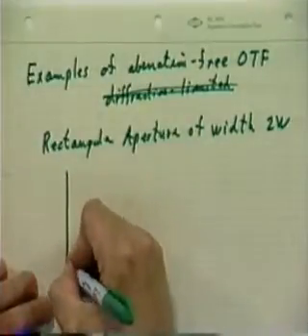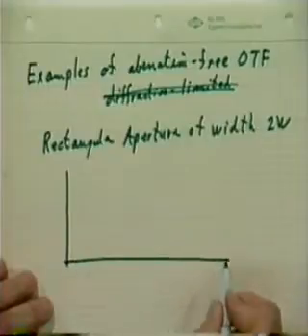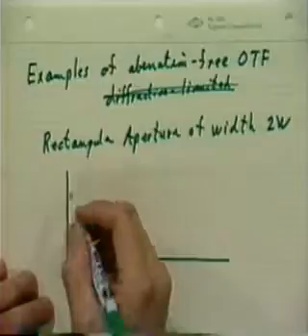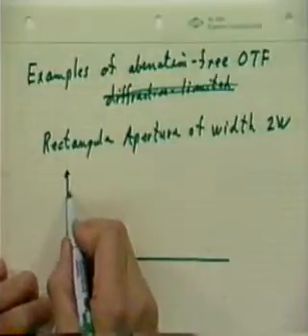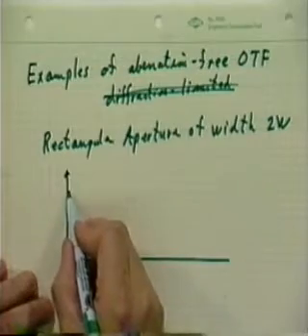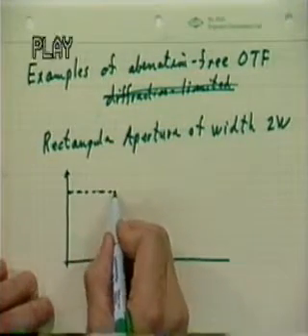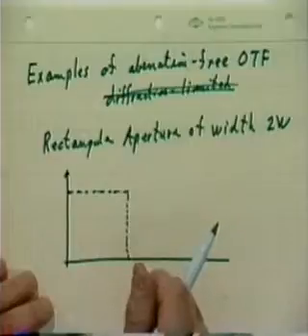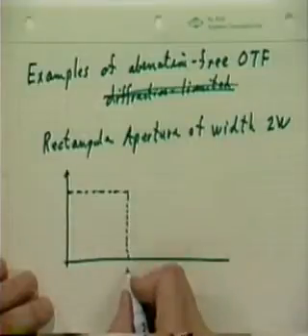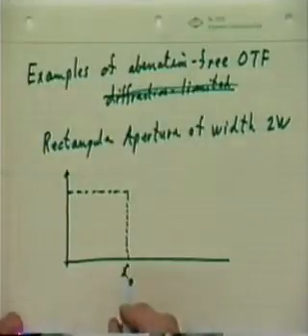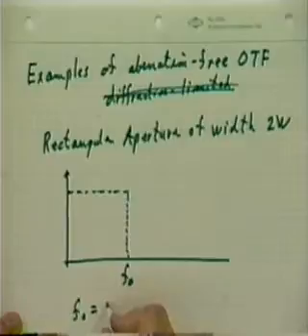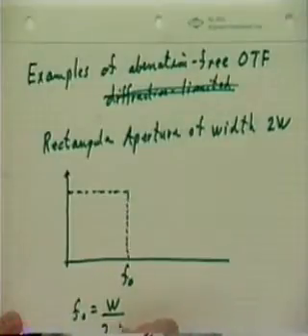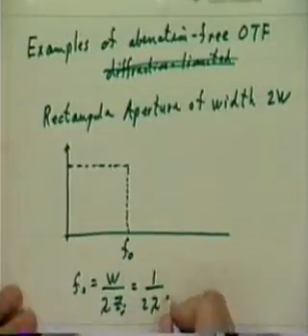And if we were to make a plot here of the transfer function, and if we did this first for coherent light, remember that we had a cutoff here at some frequency f naught, where f naught was equal to W over lambda z sub I. Okay, and that was 1 over 2 lambda f number.